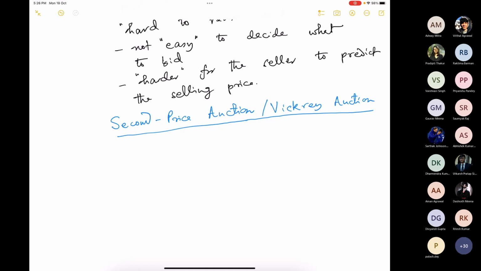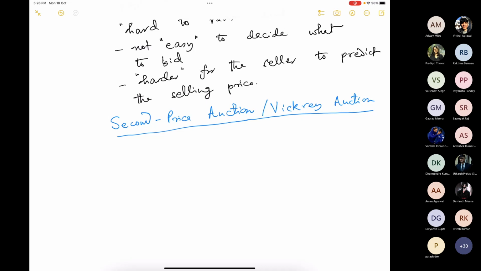So here again we are in a sealed bid auction scenario. There is only one item, one seller, n potential buyers. Everything remains the same. I just need to decide the winner and the payment.